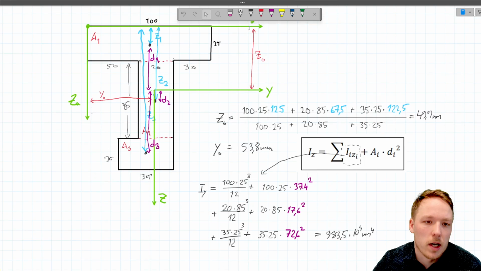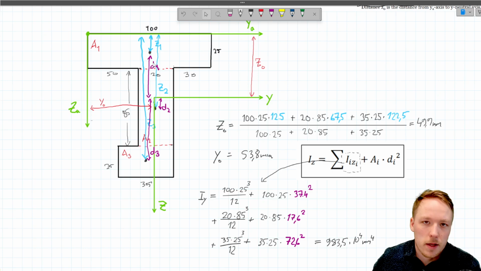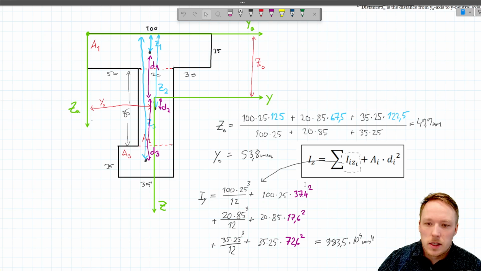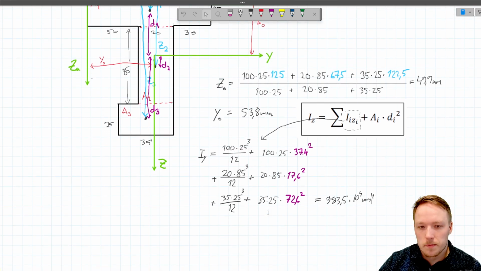So that's how you calculate a second moment of inertia for a profile like this one. Now it's really important to understand what the Steiner term means. If you're not familiar with this one, you can Google parallel axis theorem, or you can watch the video about the parallel axis theorem, and that will explain what this means.